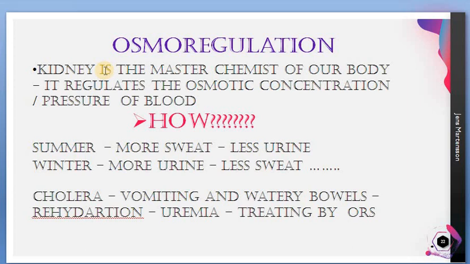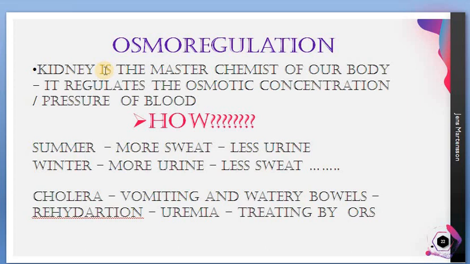It maintains the pH of our blood, the density of our blood, the gravity of our blood. Everything is maintained by the kidney. The blood is maintained as it is by the kidney. That's why we call it the master chemist.